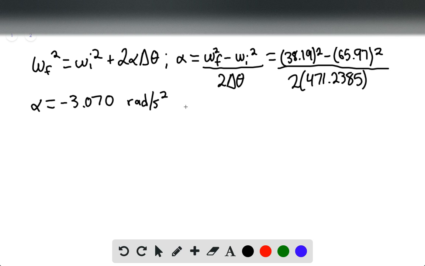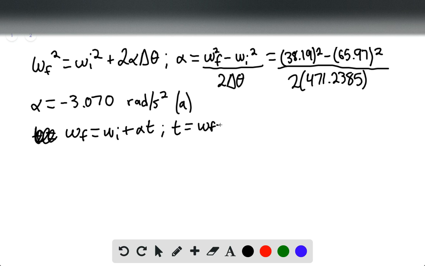And then it's asking us, how much time does it take? Well, if this is the answer for A, we can say that omega final equals omega initial plus alpha t. So t is going to equal omega final minus omega initial over alpha.